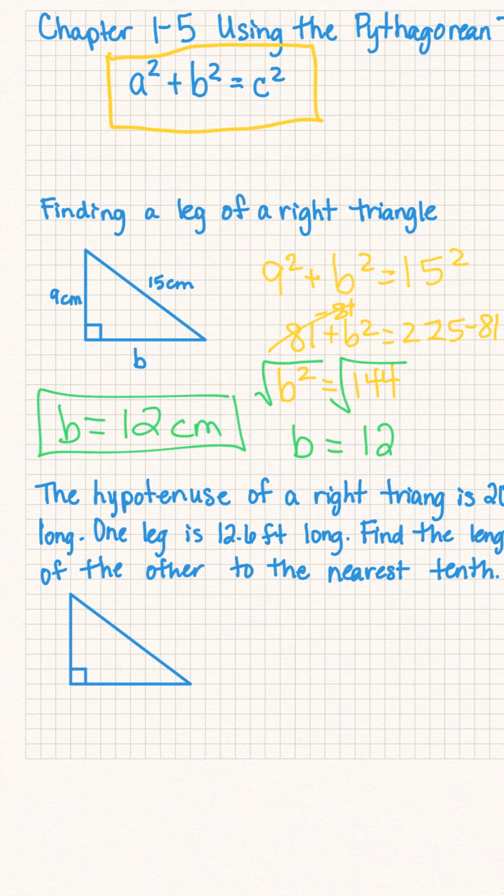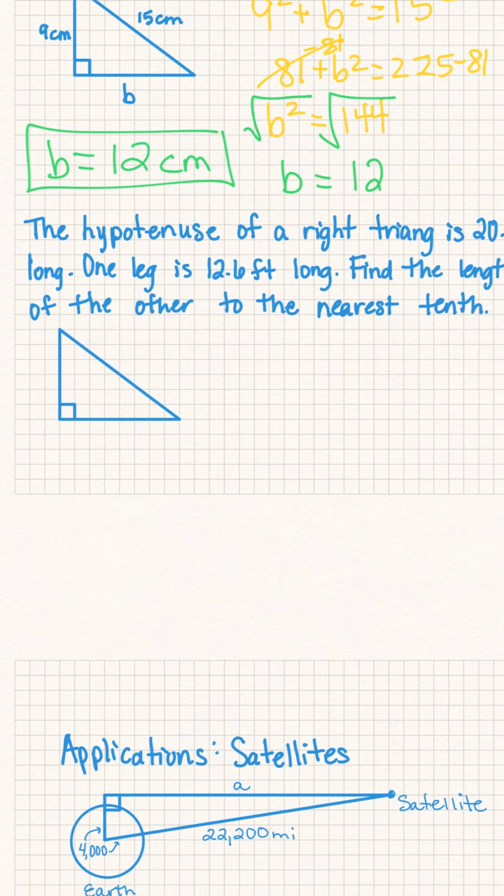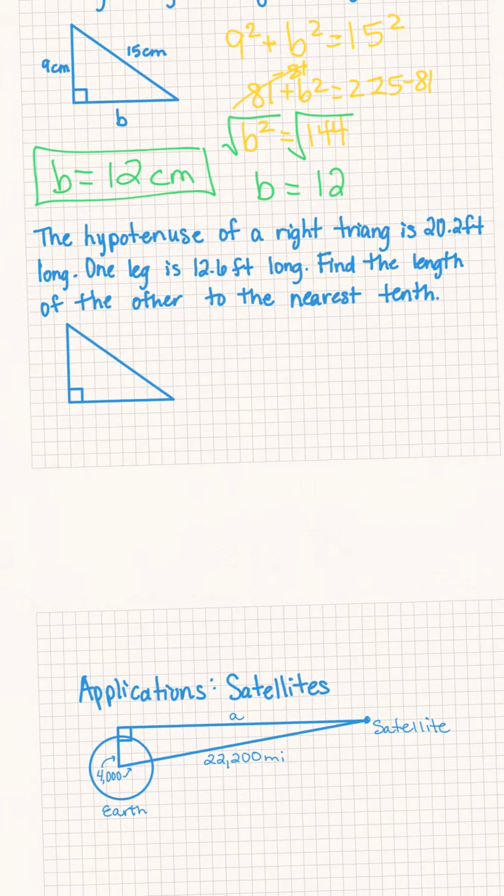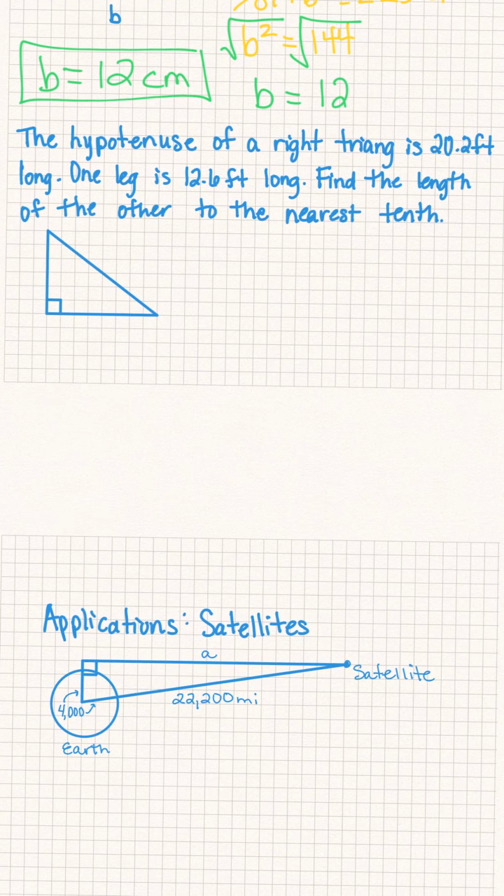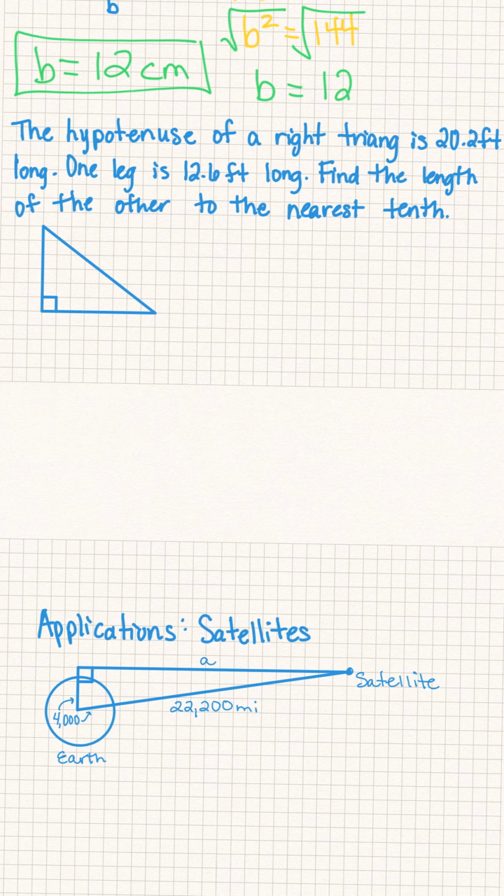Our next problem says that the hypotenuse of a right triangle is 20.2 feet long. One leg is 12.6 feet long. Find the length of the other to the nearest tenth. So let's fill this in.